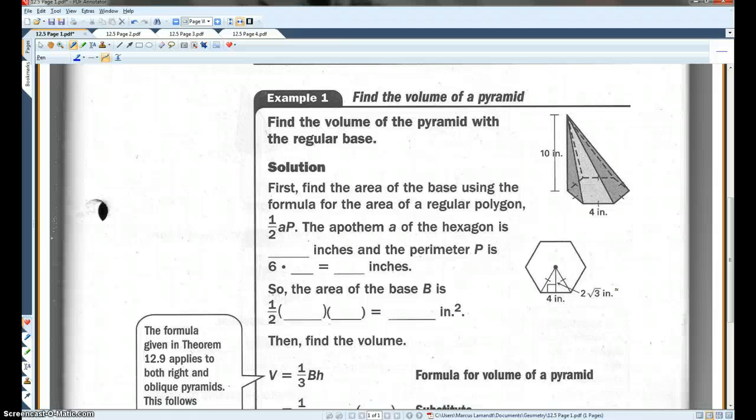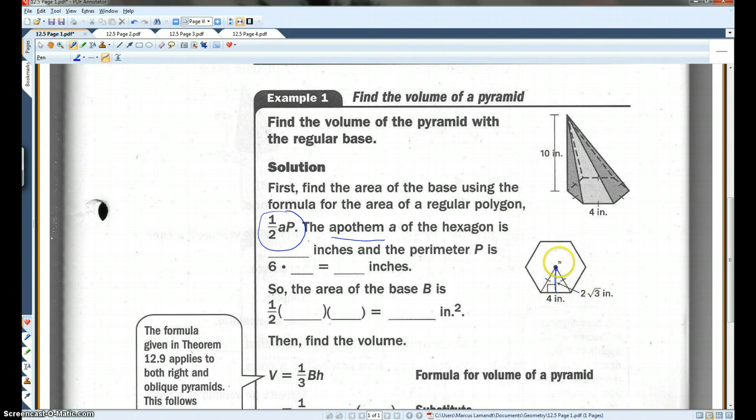First, find the area of the base using the formula for the area of a regular polygon. Hopefully you guys remember that A stands for the apothem, and the apothem is the distance from the center to the side.